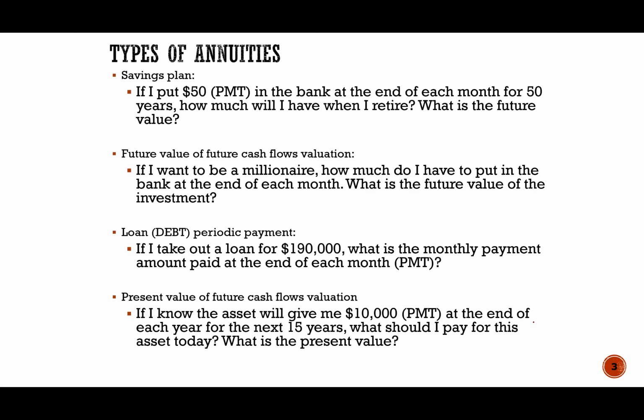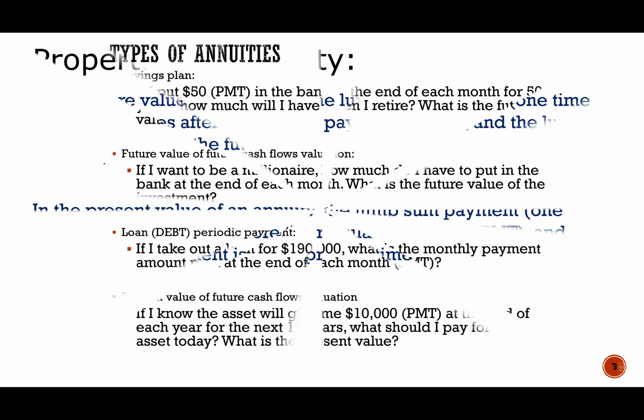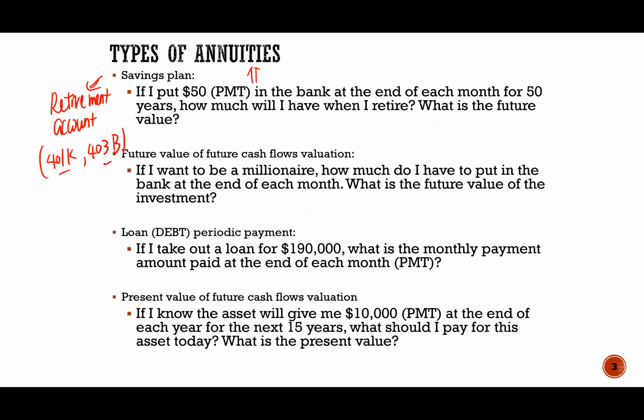So this is a typical annuity issue. And this is also like a retirement account. All retirement accounts work in a similar way. Very popular ones are 401k, 403b, right? Those are the popular retirement accounts.